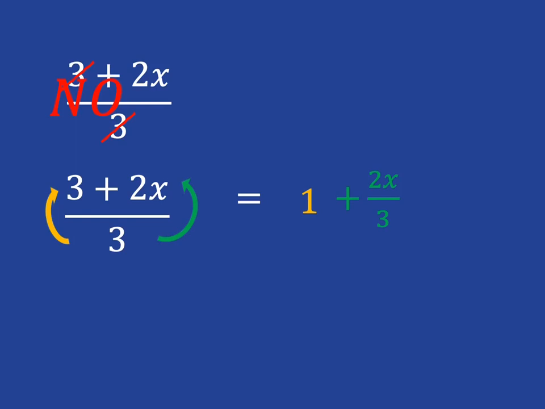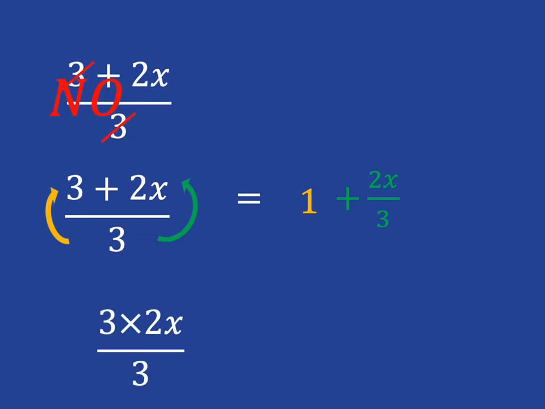The important thing to see here is that 3 at the bottom divides into each term at the top. So if you see a fraction where in the top, the numerator, you've got things added together or subtracted from each other, remember that the denominator must divide into each and every one of those terms.